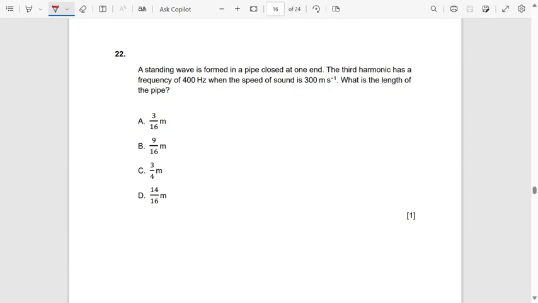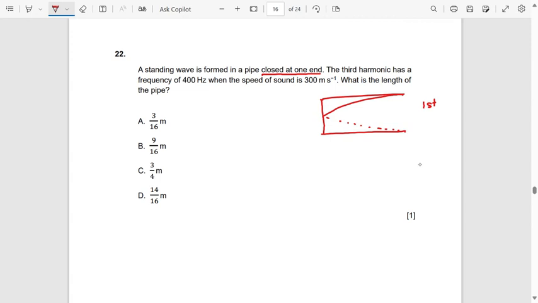Now for 22, this was a bit mean because it's closed at one end. So when it's closed at one end, let me just draw standing waves for a pipe closed at one end. So for our first harmonic, we've got this, like that.